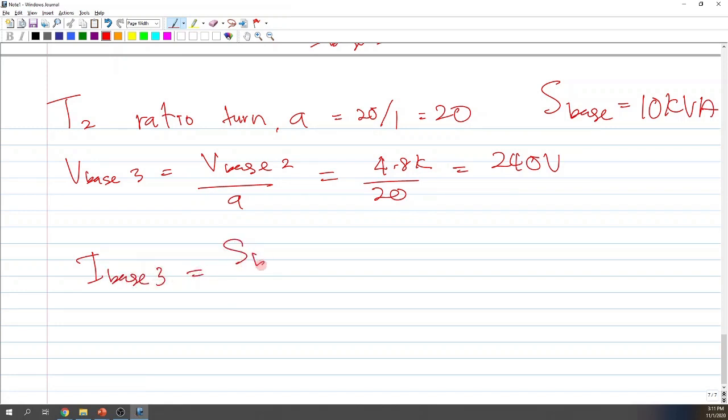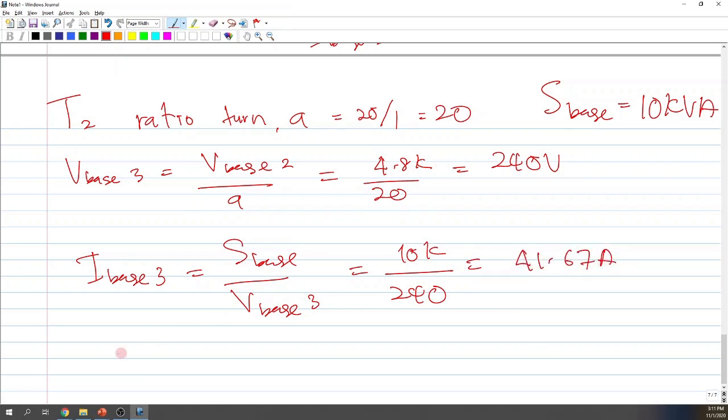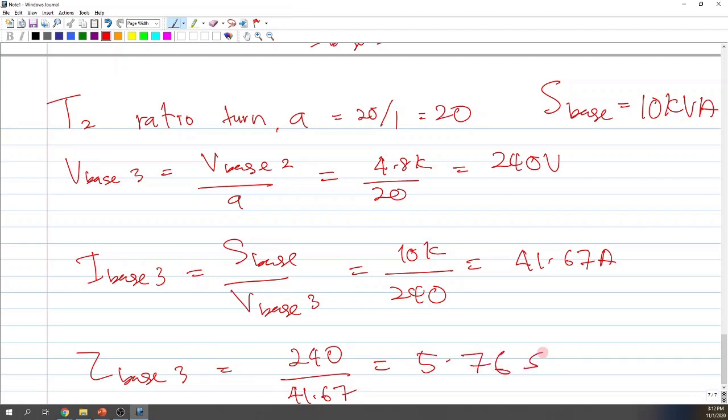S base divided by V base 3. 10K divided by 240, we get 41.67 ampere. And then Z base 3. We directly calculate 240 divided by 41.67 equal to 5.76 ohm. So we have obtained each of the bases.